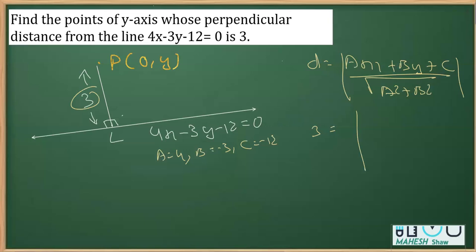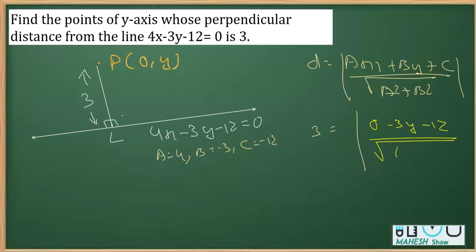So the distance, which is 3 here, is equal to Ax1. Here, this is x1 and this is A, so its product is going to be 0, since 0 into any number is 0. And then B y1, that is minus 3y, plus C, which is minus 12, over the whole under root A squared plus B squared, that is 4 squared plus minus 3 squared.